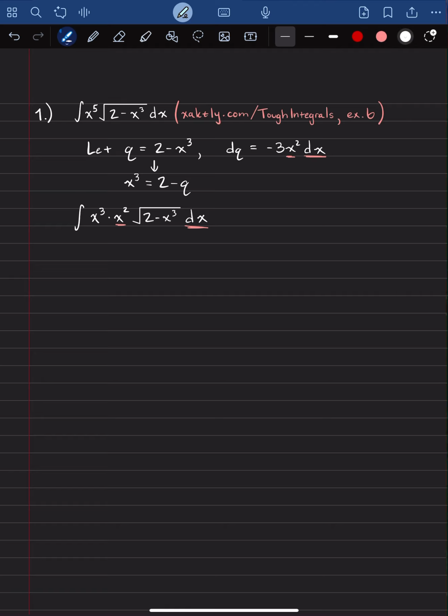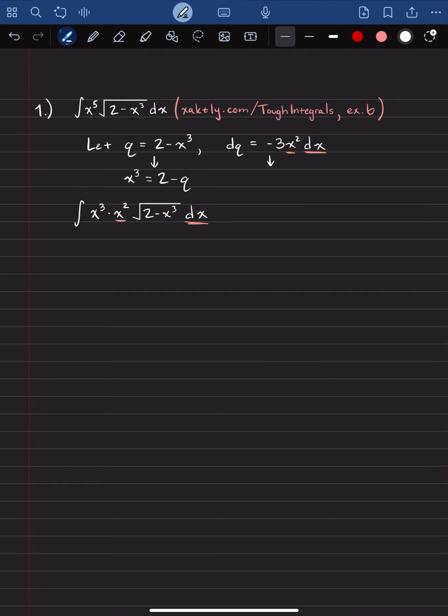So I think what I want to do here is just solve for x squared dx. Divide both sides by negative 3, I get negative 1/3 dq is x squared dx. Beautiful. We can go to the q world. Don't ask what q stands for, because I don't know. Maybe it's question. Maybe it's quagmire. So let's just keep going.